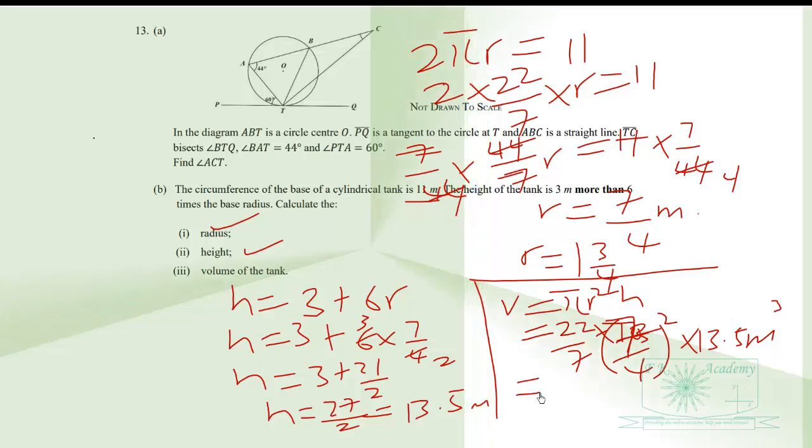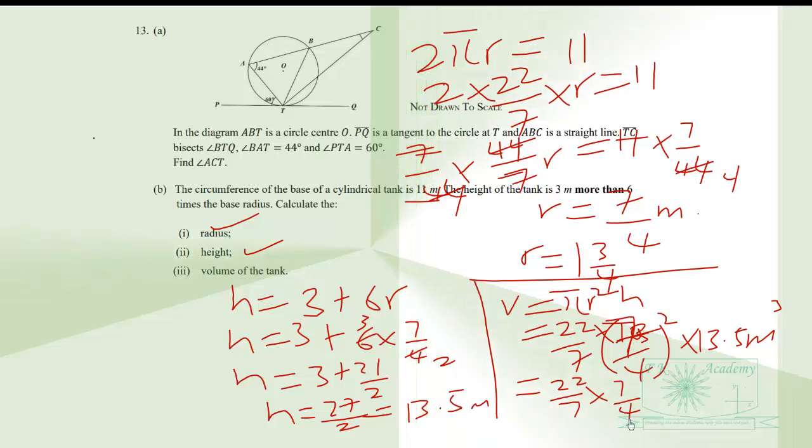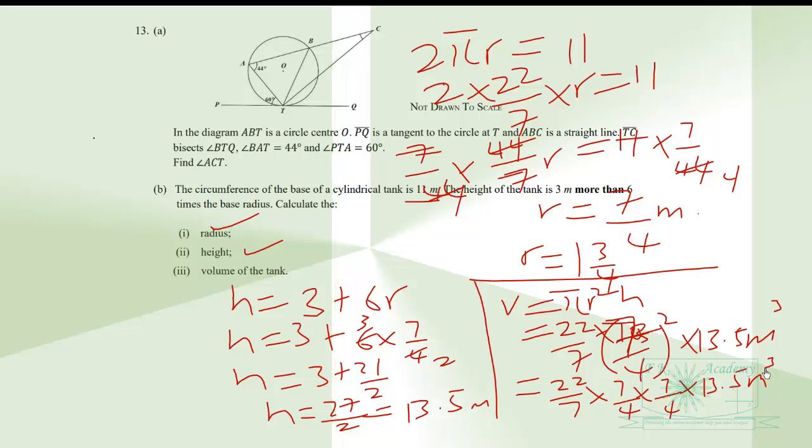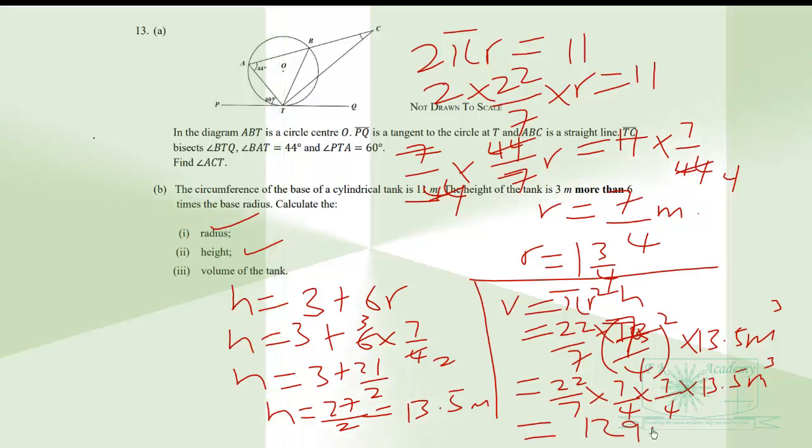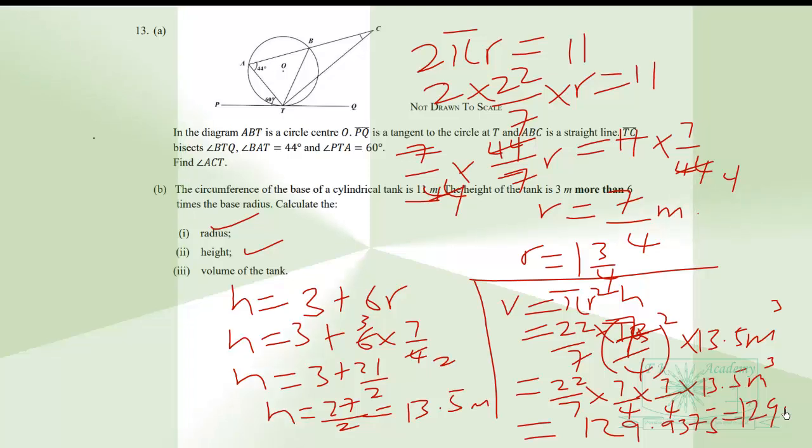So we need to simplify this, and this will give us 22 over 7 times 7 over 4 times 7 over 4 times 13.5 meters cubed. And this will simplify to 129.9375. To two decimal places, we are going to get 129.94 meters cubed.